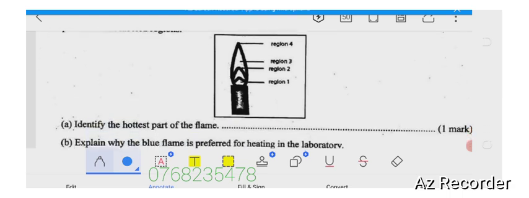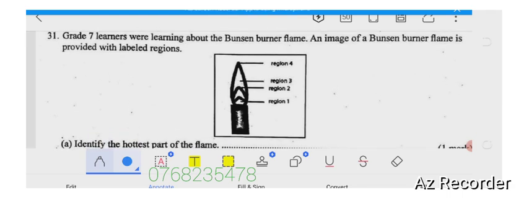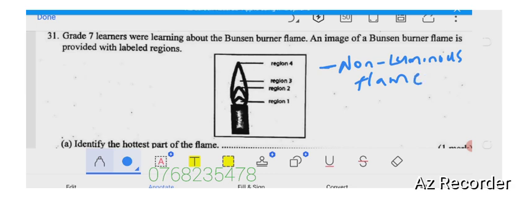So from that flame, the way it is steady and small, automatically it's a non-luminous flame because it's small, has 4 regions, and at the same time is steady.